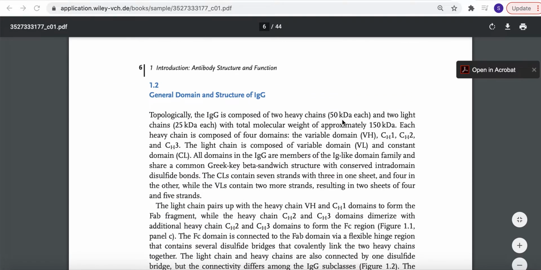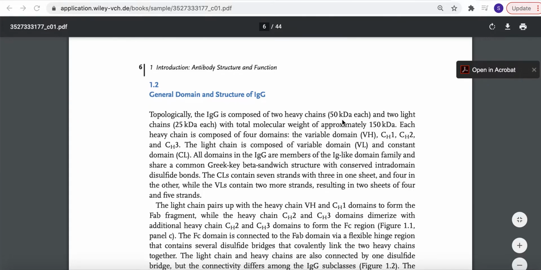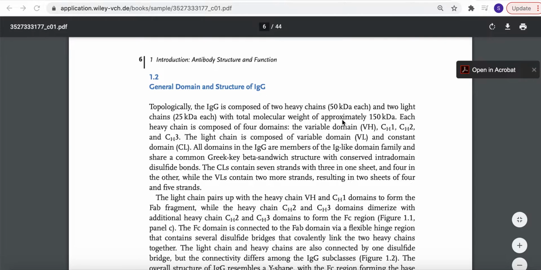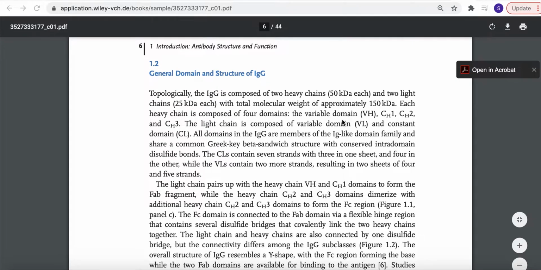Topologically, the IgG is composed of two heavy chains and two light chains with total molecular weight of approximately 150 kDa. Each heavy chain is composed of four domains. The light chain is composed of variable domain and constant domain.